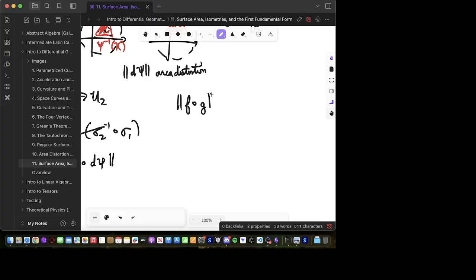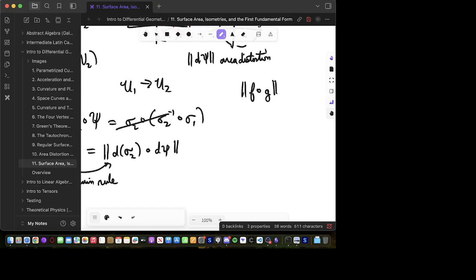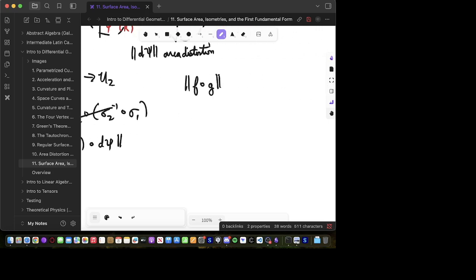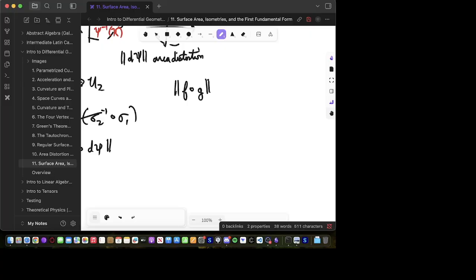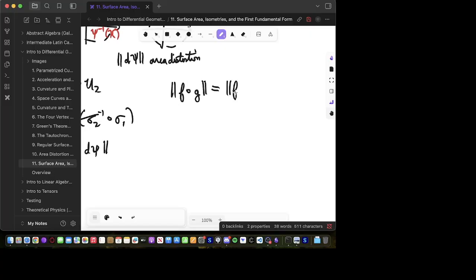If we have linear isomorphisms, then the area distortion of F composed with G is going to be equal to the area distortion of F times the area distortion of G. And the reason why we have that is because, let's see if I can prove this on the fly.